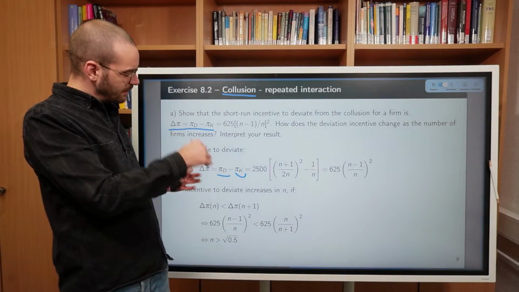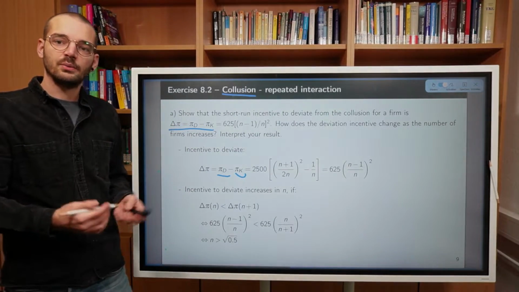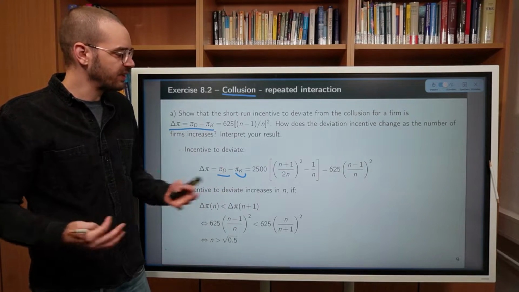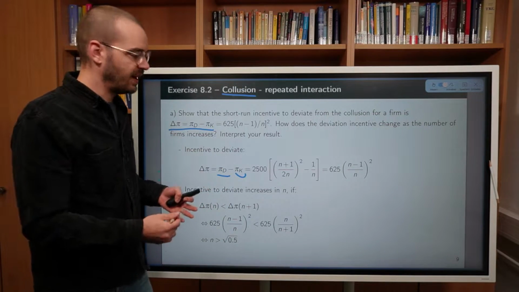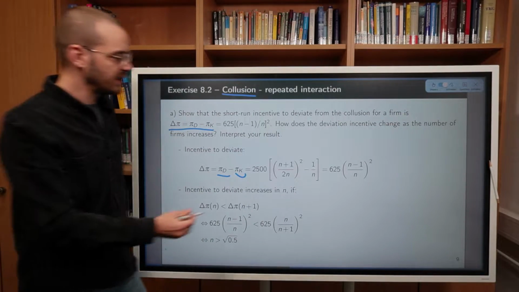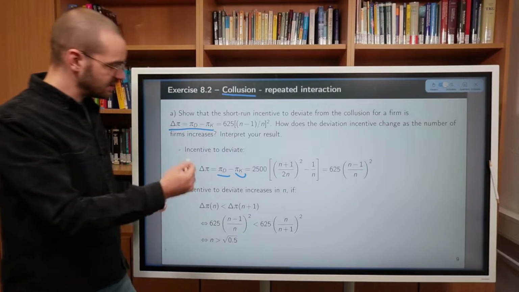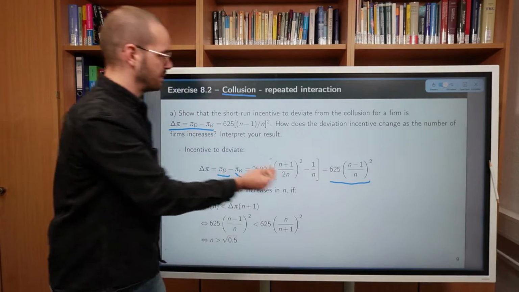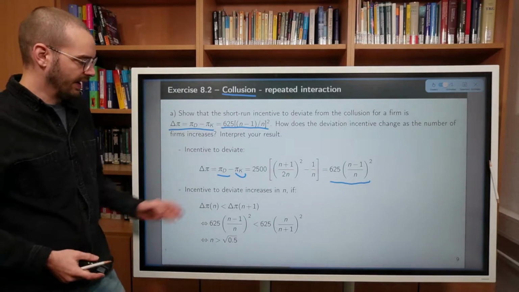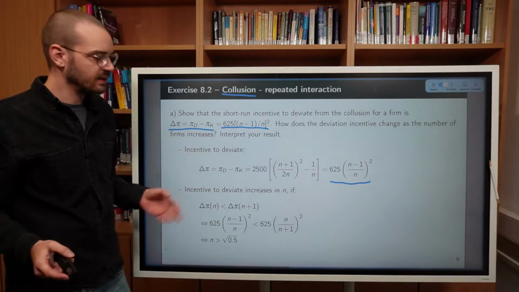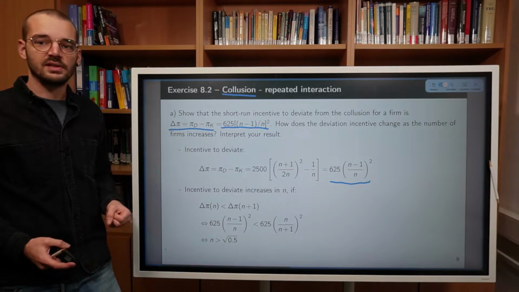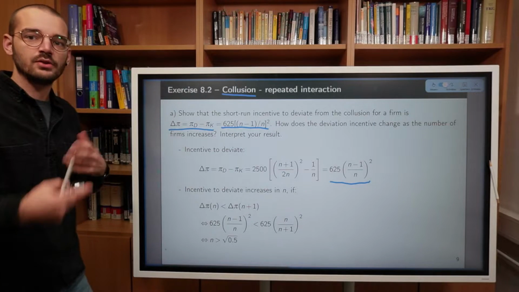We are simply plugging in the expressions we derived in the previous exercise for pi d and pi k, both as functions of n. And if we then continue to rearrange it, to simplify it, we can show that this difference is equal to exactly the expression we were given in the exercise. All right. So again, simply plugging in the expressions for profits we have derived in the previous exercise and rearranging them.